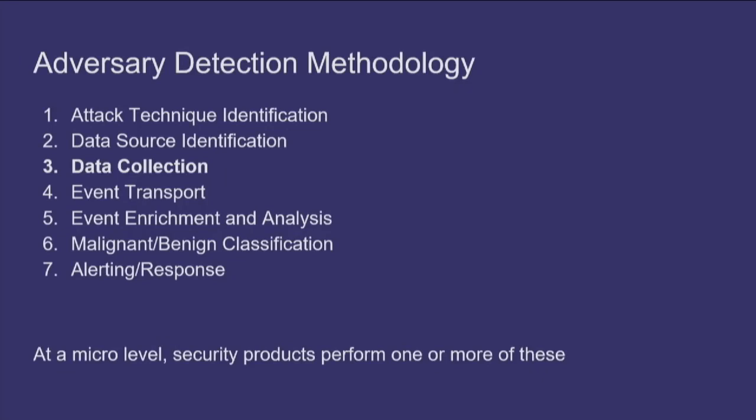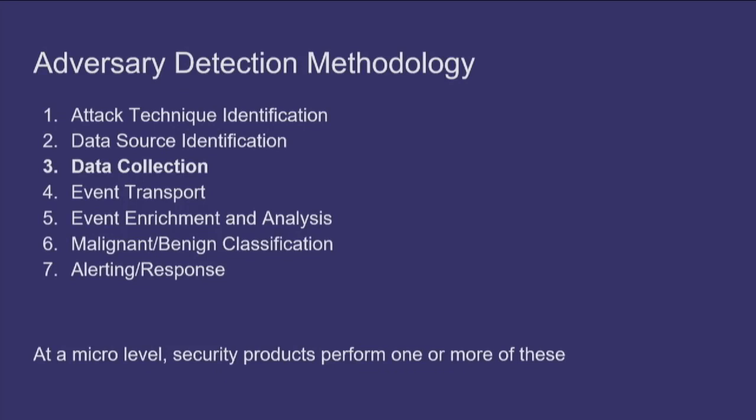The endpoint alerting has occurred, but somehow that alert needs to also be transported to the back end so that the SOC and the security team at an organizational level becomes aware of the detection as well. So you can subvert detection at the micro level on the endpoint, and if you can also subvert detection at the macro level, preventing the SOC or the organization from knowing about the alert, then you are successful as an attacker.